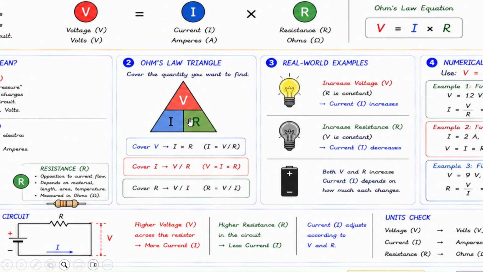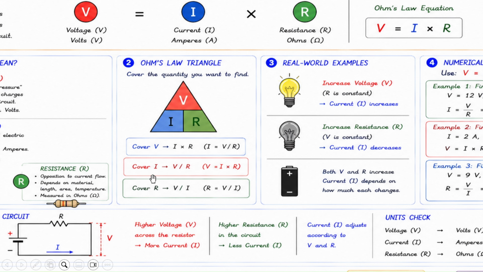This is basically a shortcut to understand how we would calculate I, V, or R. So if you want to calculate V, we simply cover V right here and we look under. Under V is I and R, and we directly multiply.